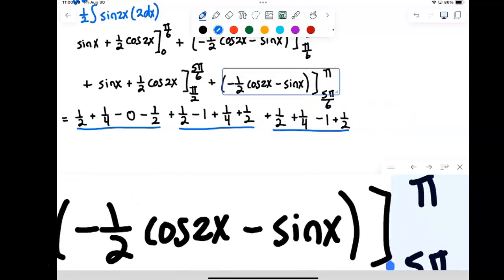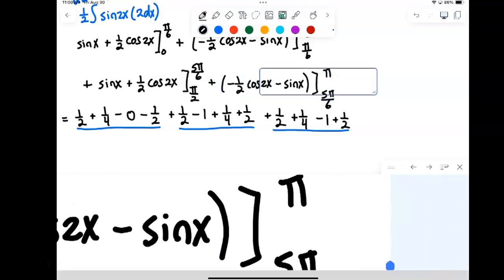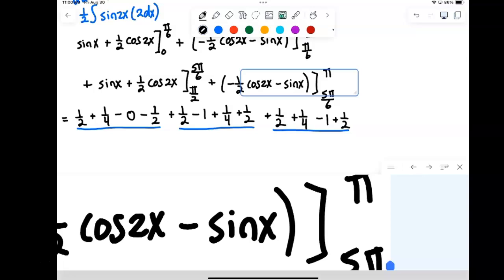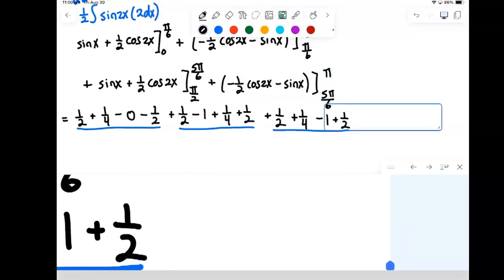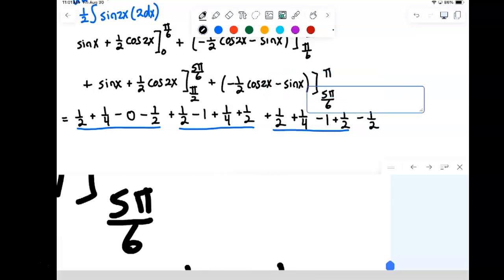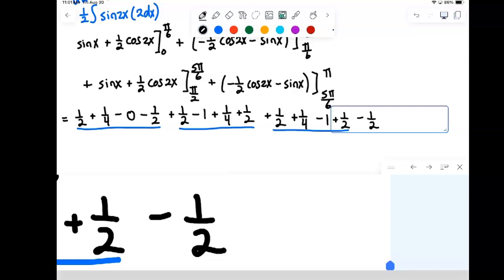And then we finally go to the last one here with pi. Twice pi is 2 pi. Cosine of 2 pi is 1. So that one's going to be a minus 1/2. Sine of pi is 0. So I have a minus 1/2, minus 0, or plus 0.